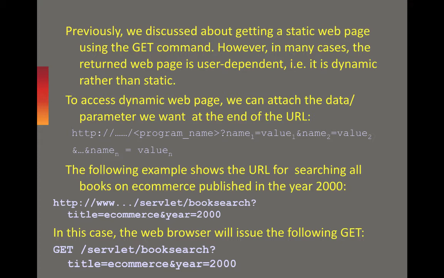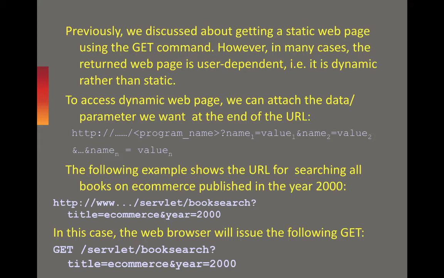Okay. So instead of just getting a static web page as we saw previously, where static web page means the URL or the file name is fixed, we can also get a dynamic web page. Right? Dynamic in the sense that we specify a set of parameters in the URL. So it's not just a fixed URL, but there are name and value parameters associated with the URL. You can think of this almost like a method call, right?